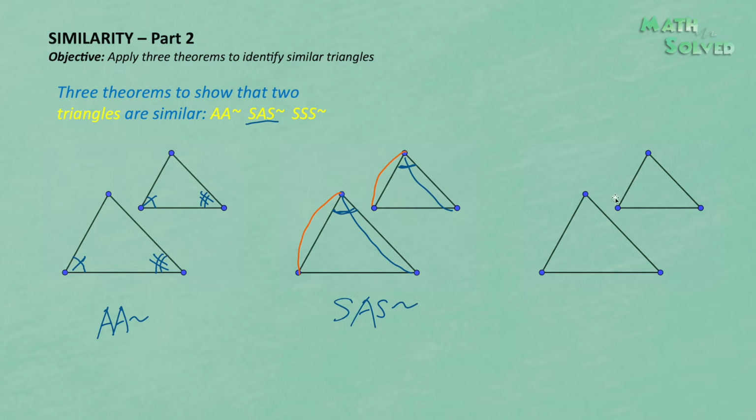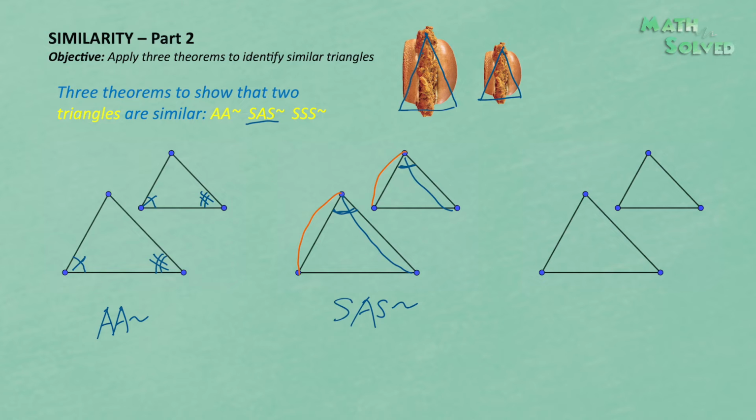And I would like to give a nickname to this theorem. I would like to call it the sandwich theorem because, as you can imagine, the two sides are like the two pieces of bread and the angle here is like the meat in the middle.